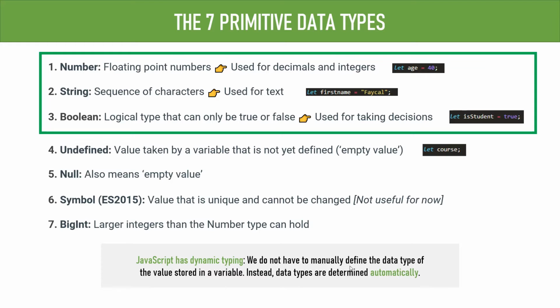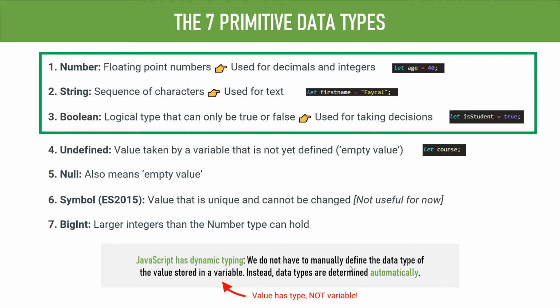Instead, JavaScript automatically determines the data type of a value when it's stored into a variable. And this distinction between value and variable is pretty important because in JavaScript it's the value that has a type, not the variable. So, variables simply store values that have a type. Many people don't know about this detail or just don't care, but this is how it actually works.